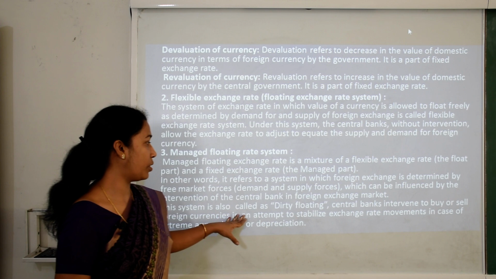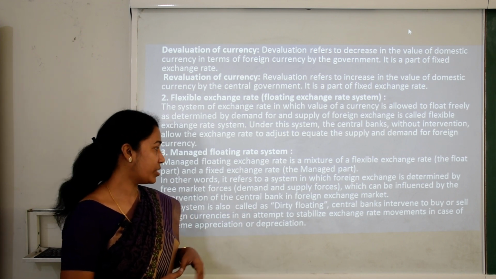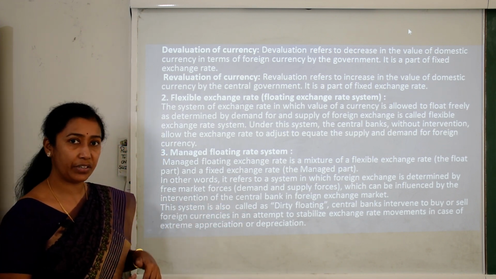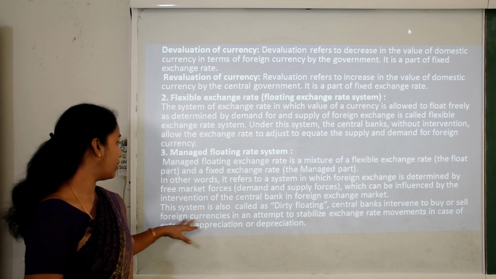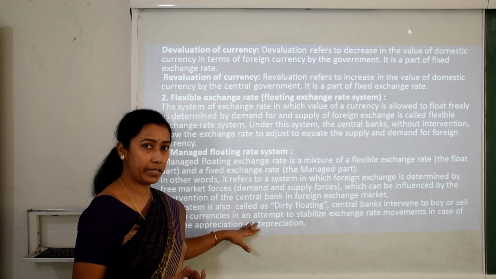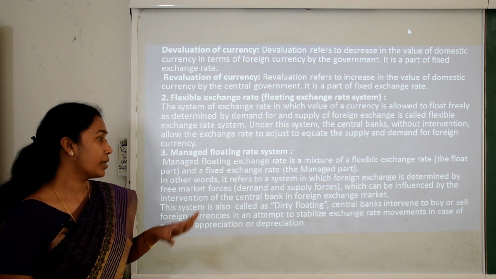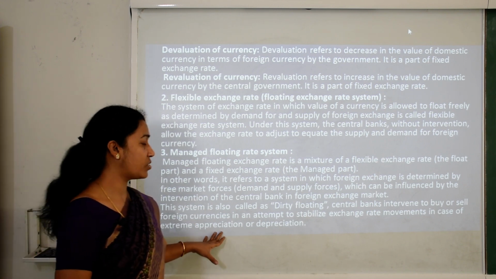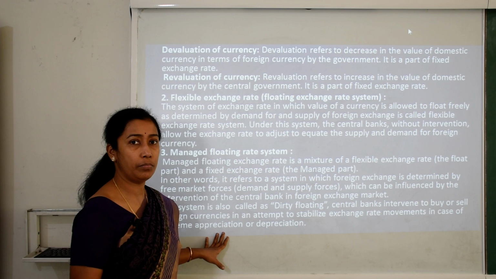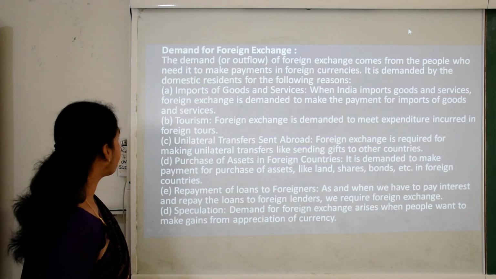This system is also called dirty floating, because the central bank intervenes to buy or sell foreign currency in an attempt to stabilize the exchange rate in case of extreme appreciation or extreme depreciation.